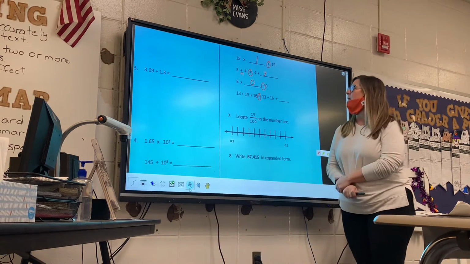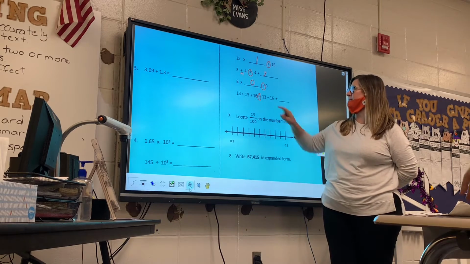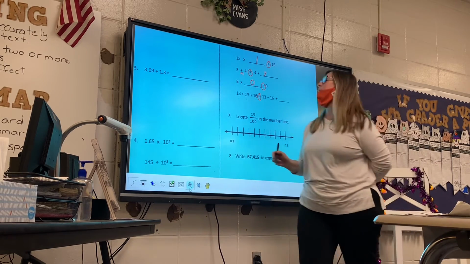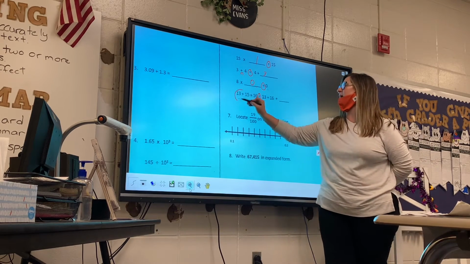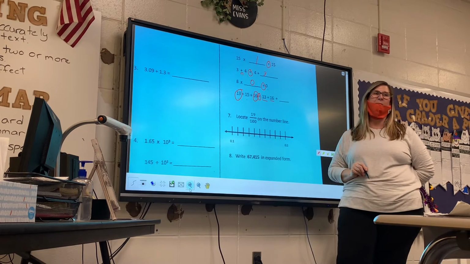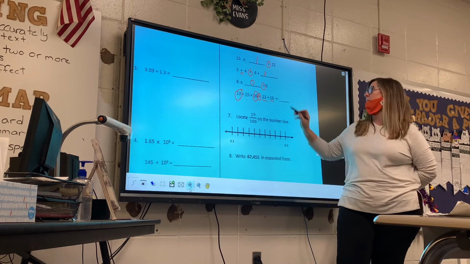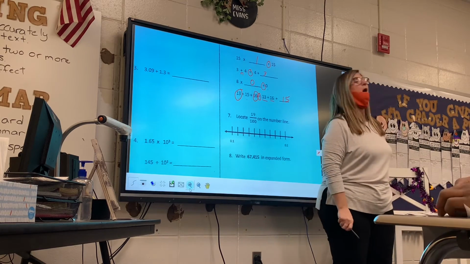Guys, I've got 13 plus 15 plus 16. There's some easy ways to do this. If I've got 13 plus 16 on this side, what could I add to that to make it equal, Kamaria? Plus 15. All right.